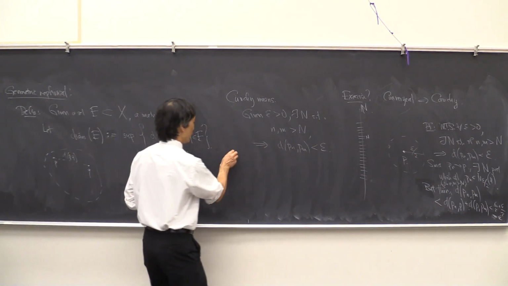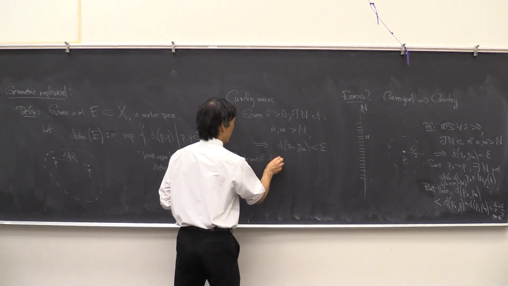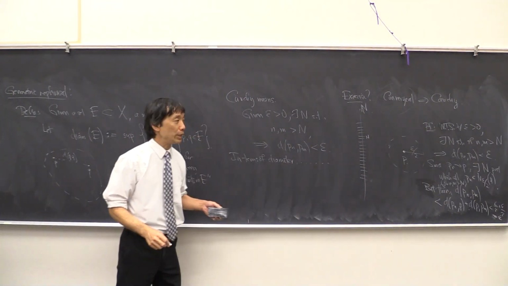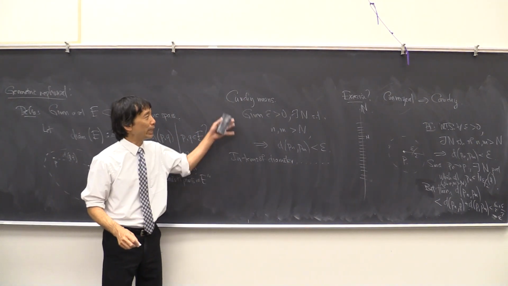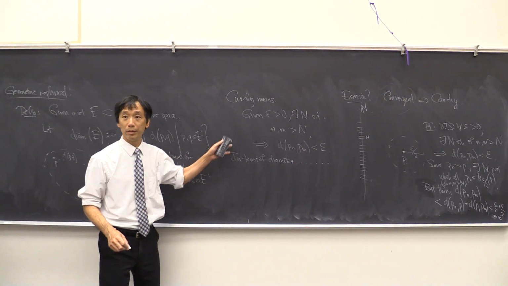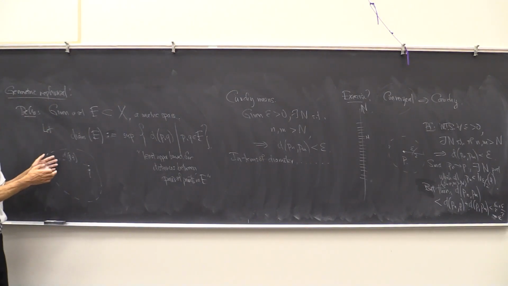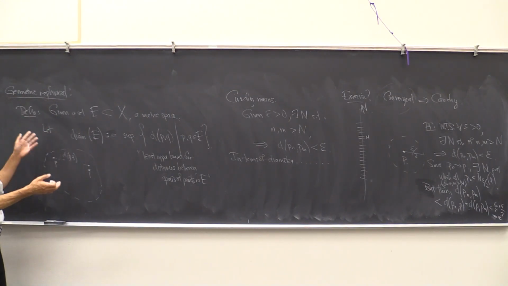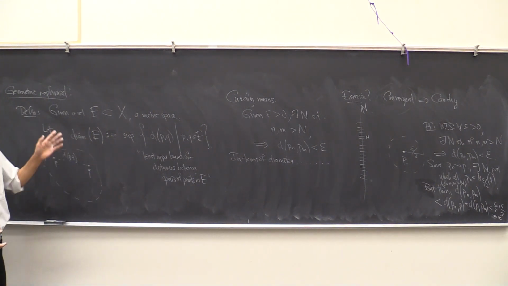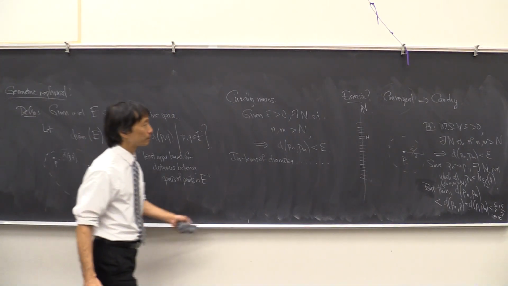So what's Cauchiness in terms of diameter? Rewrite this in terms of diameter. Diameter says, you look at distances between pairs of points, take the greatest of them, and that's the diameter. How do we use that to express Cauchiness?